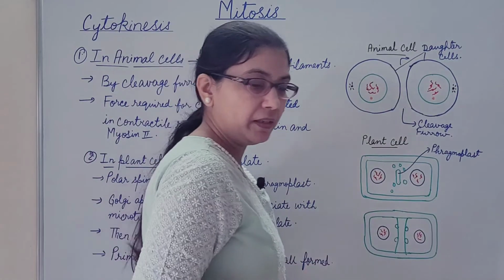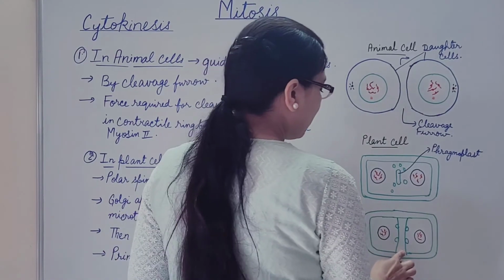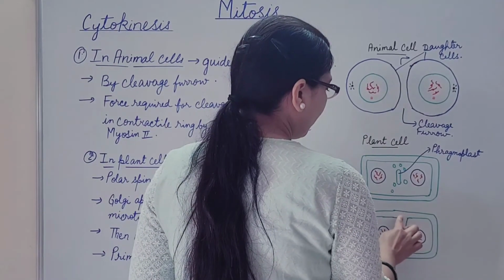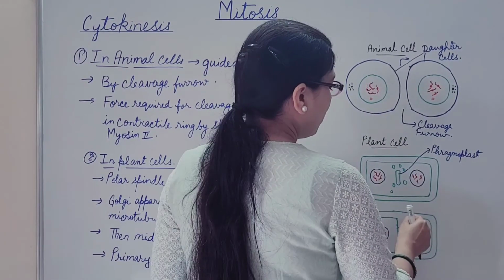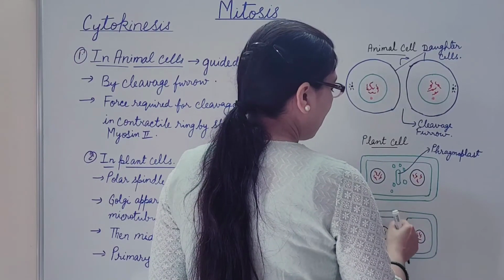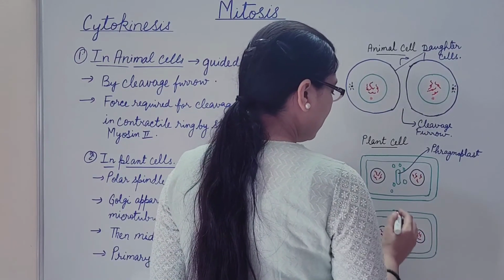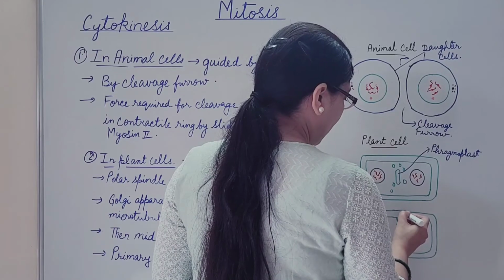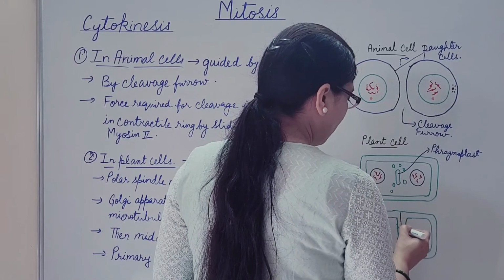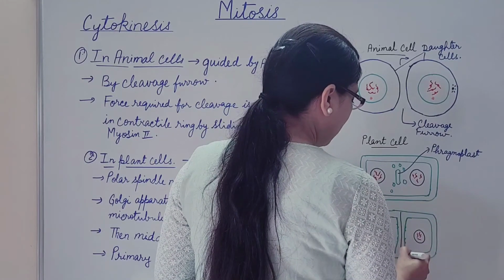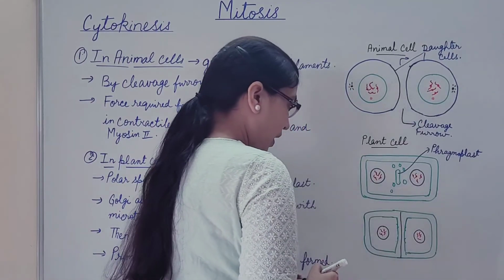Then this cell plate merges, and after that formation of the plasma membrane is completed around the daughter nuclei. Then along the equatorial plane, middle lamella is formed.